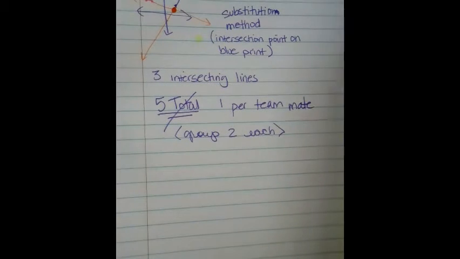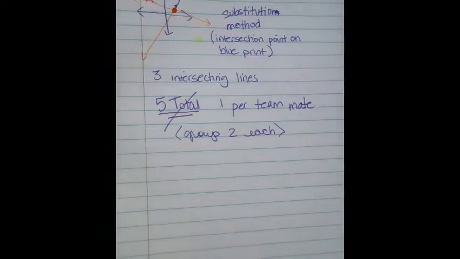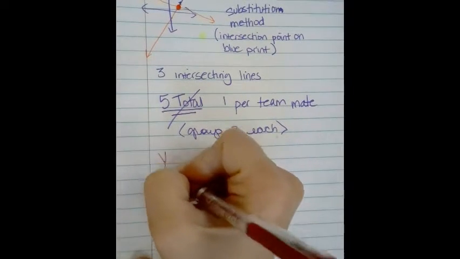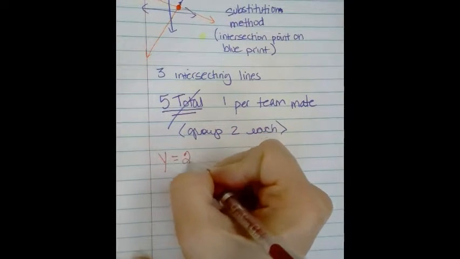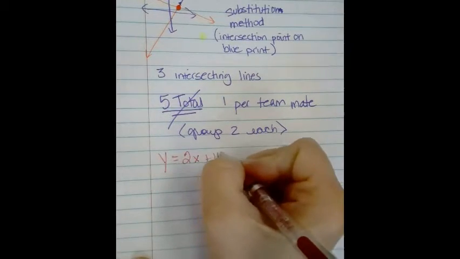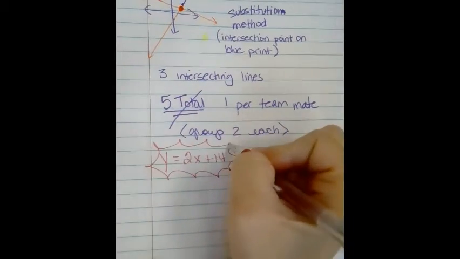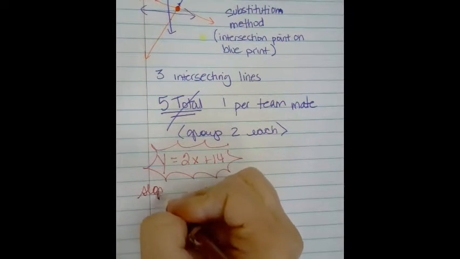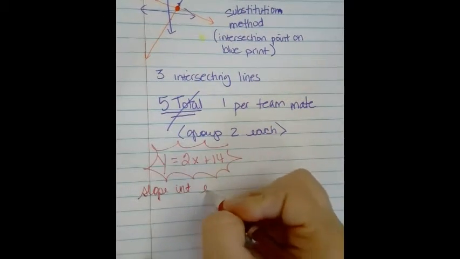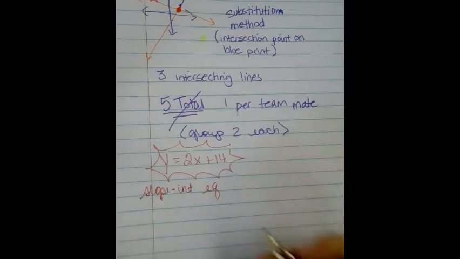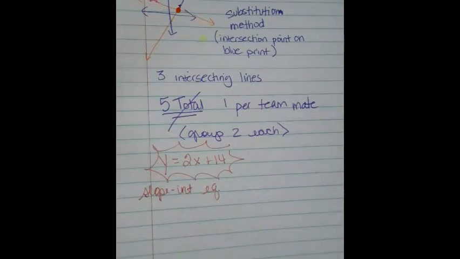All right, so I'm probably going to make sure that we do several examples, because this is one of the things you need to know about. The one that the paper gives is y is equal to 2x plus 14. That equation is a slope-intercept equation, and that should be easily recognized by you from the previous Task 7.